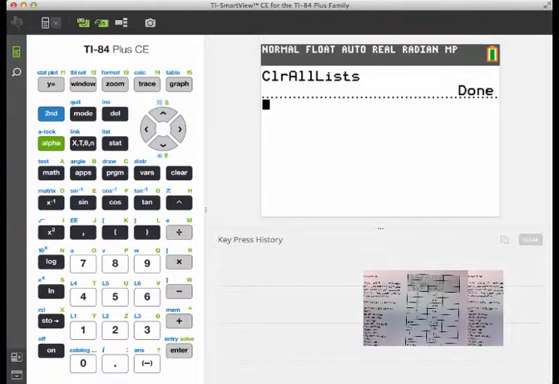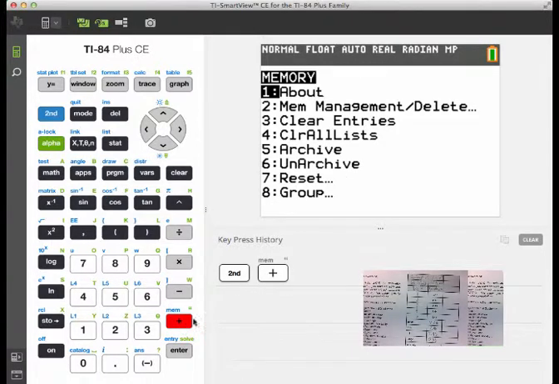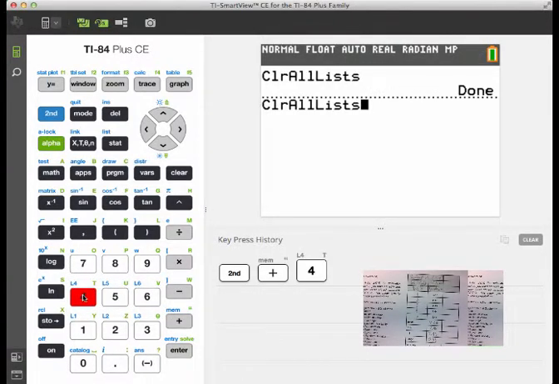The first thing we want to do is to clear our lists. Second plus is memory. Choice 4 is clear all lists.